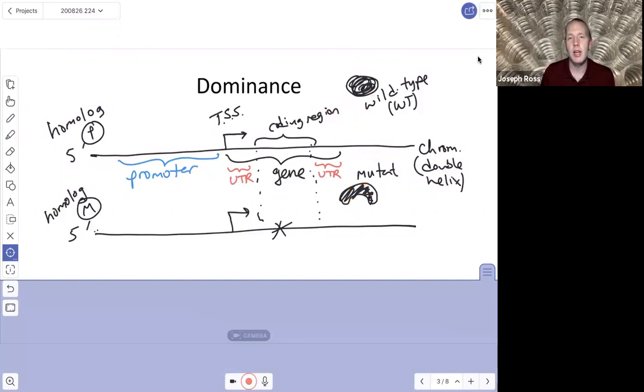And so this all sets the stage for the analysis of the concept of dominance. That is, what happens in the heterozygote, the organism that has two different alleles. We want to know what the phenotype or the trait of that organism is compared to.